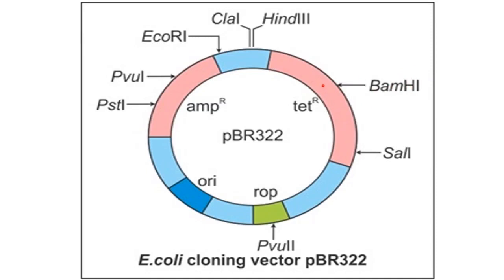So if we use this enzyme for cutting this plasmid, then the alien piece of DNA will be introduced here, in the tetracycline resistance gene. And if we use PvuI or PstI for cutting our vector, then our alien piece of DNA will be ligated here in the ampicillin resistance gene, right?